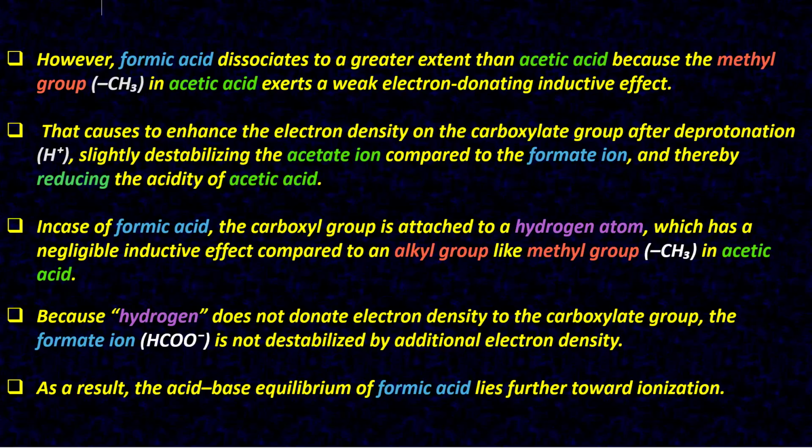Because hydrogen does not donate electron density to the carboxylate group, the formate ion HCOO negative is not destabilized by additional electron density. As a result, the acid-base equilibrium of formic acid lies further toward ionization.